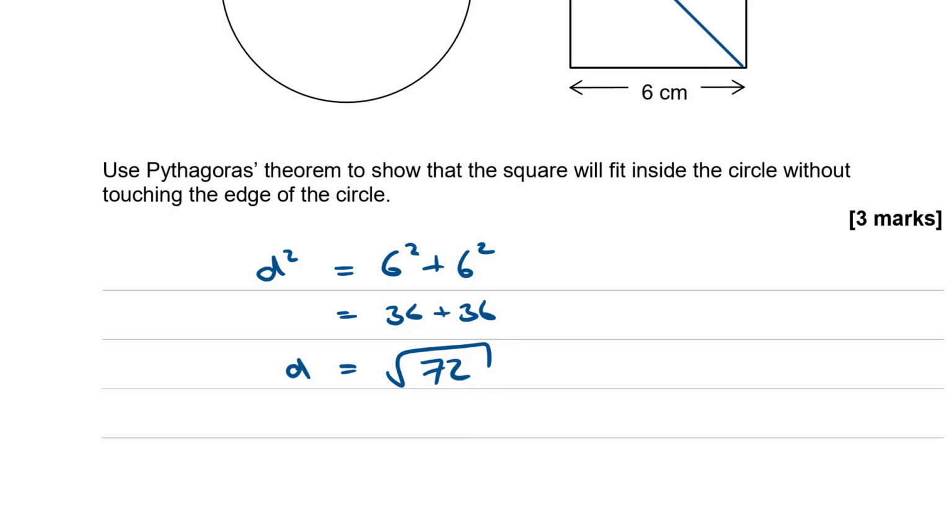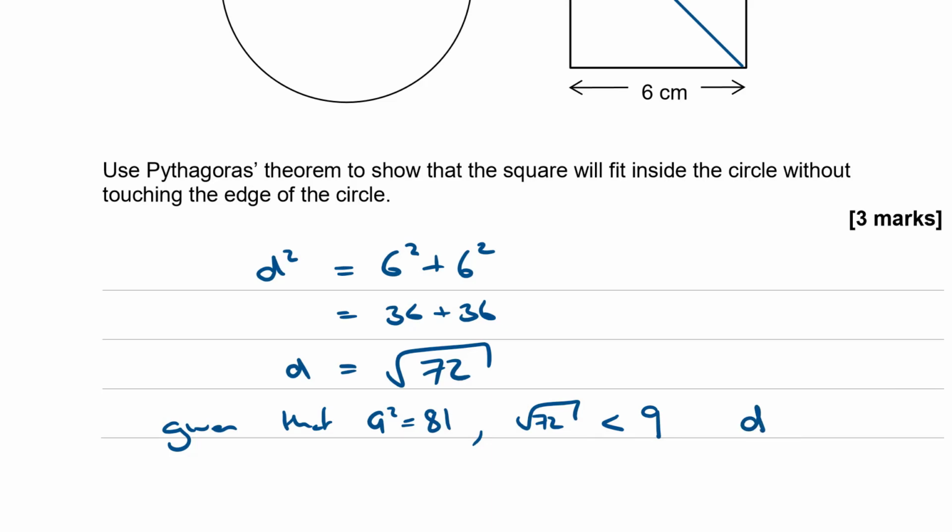What we can say though, is that given that 9 squared equals 81, then the square root of 72 must be less than 9.